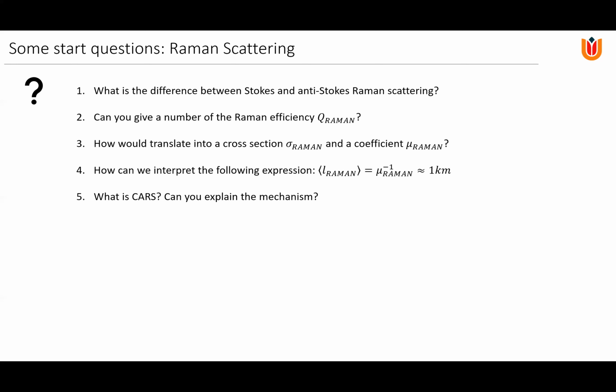Now, the fourth expression. I've just written a statement there. The average Raman length, subscript Raman, is given by 1/mu Raman. Mu Raman we just discussed, and it's about 1 kilometer. What are your thoughts about this statement?